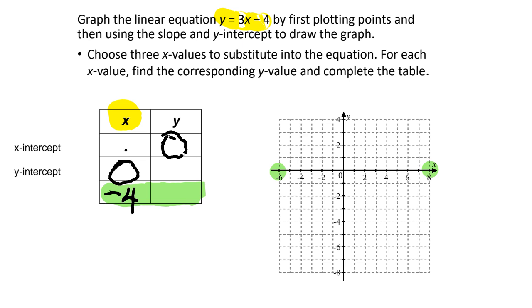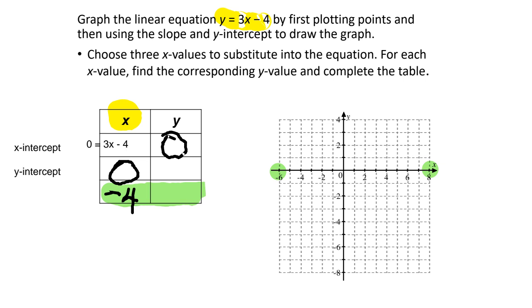Well, this is saying my y is 0. If my y is 0, this is saying 0 equals 3x minus 4. That's what I write for this particular equation. But I've got to solve for x.